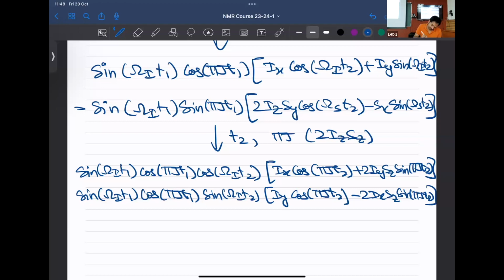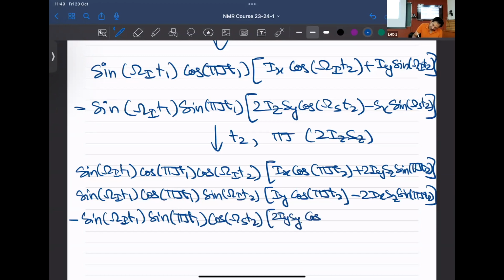Okay, please look out for mistakes that I might make. I'm talking and writing, so it might be inadvertent. I request you guys to pay close attention. 2 Iz Sy cos pi J T2 minus Sx sin pi J T2. Now the last term would be plus sin, is that plus?